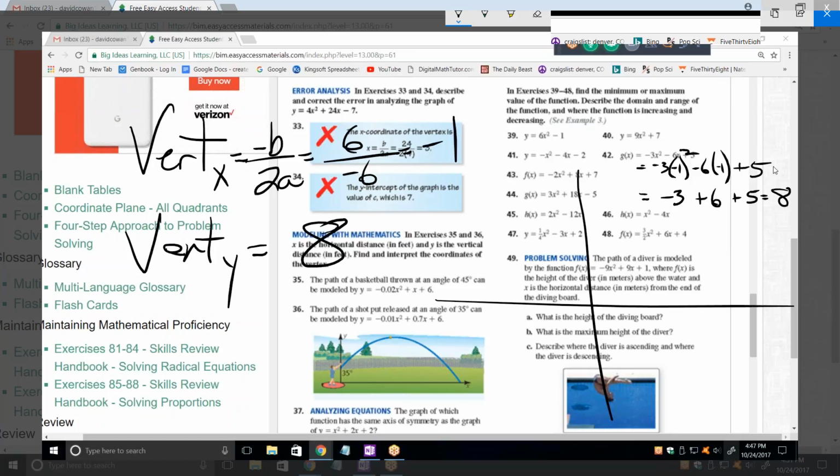We go to negative 1, 8. We know it opens down, so I'm going to label it up here so I don't interfere with the graph. We know it goes like that. Do we need a second point? Maybe, maybe not. Well, first of all, is it a minimum or a maximum? It is a maximum. And what is the maximum value? It says find the maximum value. What is the maximum value?